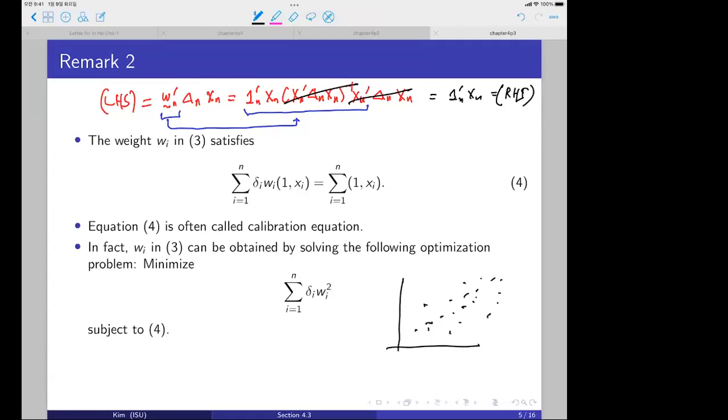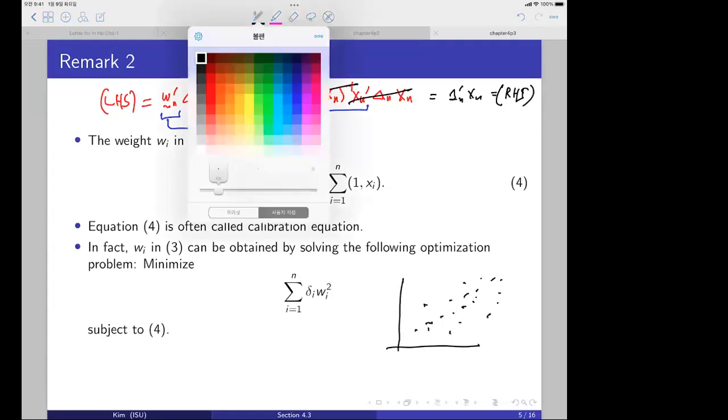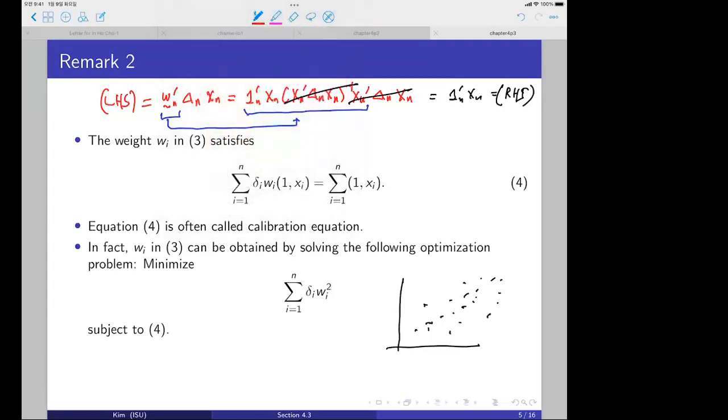And now we have missing data. Suppose we have observations mainly at smaller x values, so we have a higher probability of response at the smaller x values.